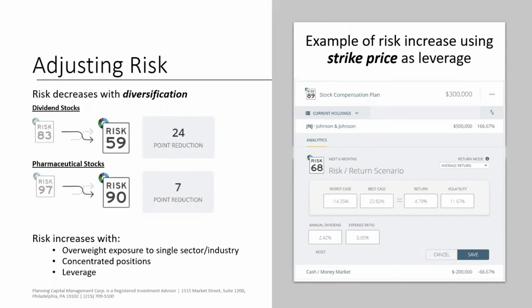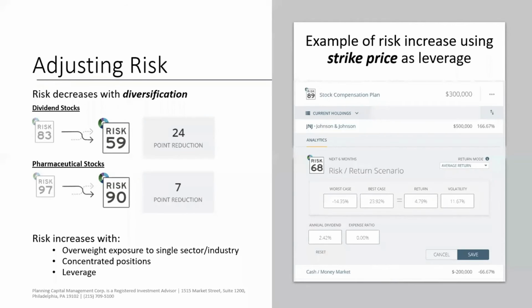For the dividend stocks, you can see a 24-point reduction in risk, meaning these stocks individually are an 83 on the risk scale, and based on the different correlations between these stocks, they have reduced overall risk by 24 points.